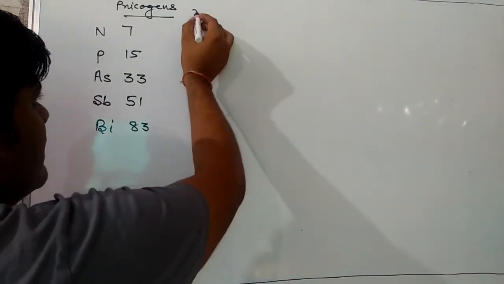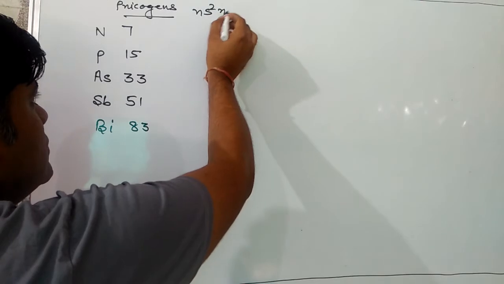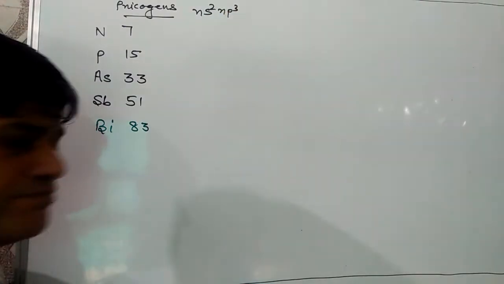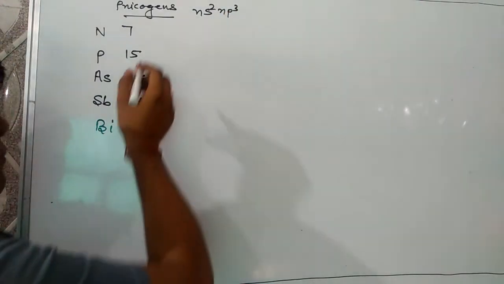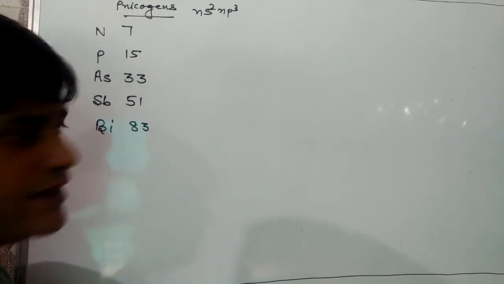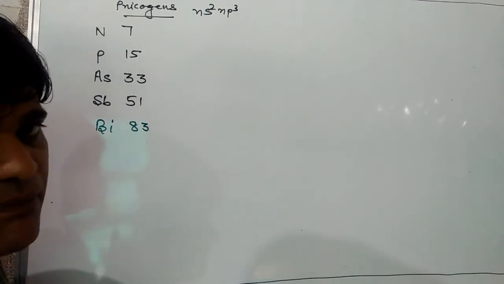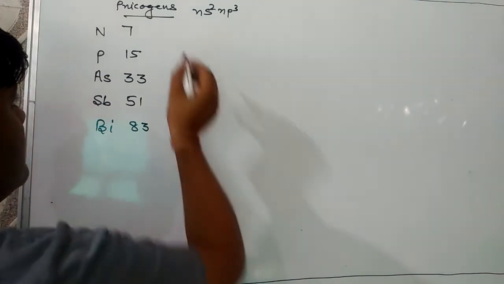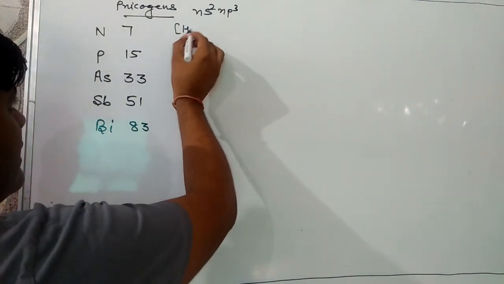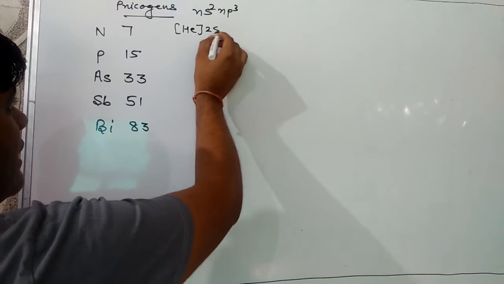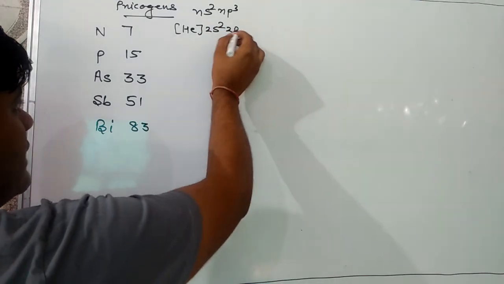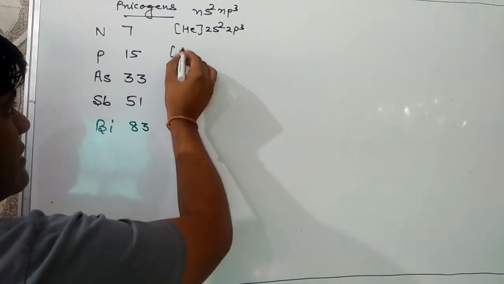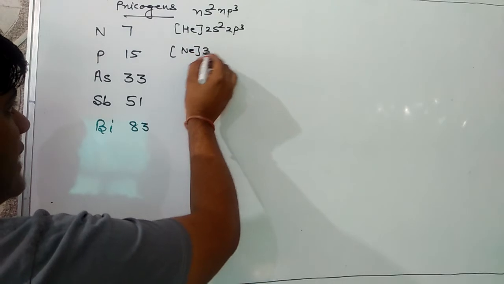Their outer shell configuration is ns2 np3. It can be remembered by Nepal, Pakistan, Australia, sub-Bihari. Their electronic configuration will be: for nitrogen, helium 2s2 2p3. For phosphorus, neon 3s2 3p3.